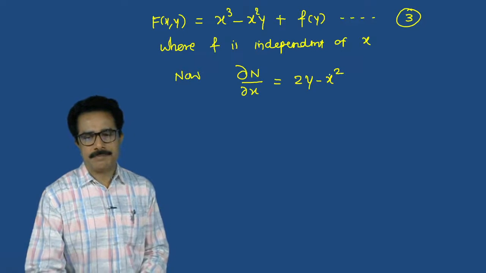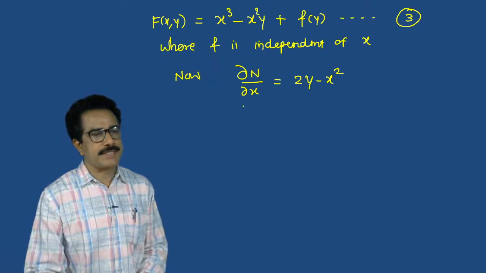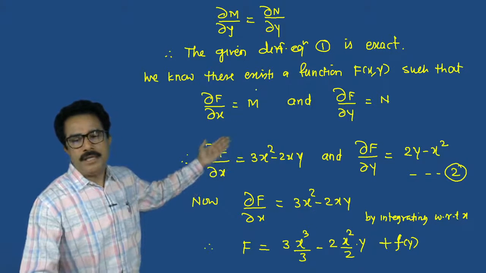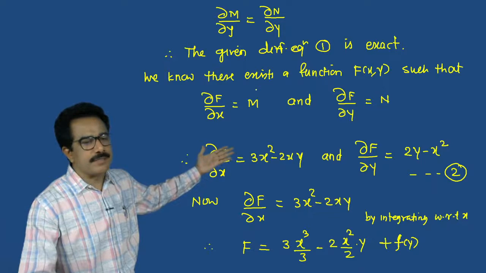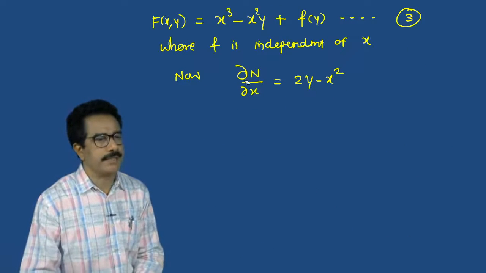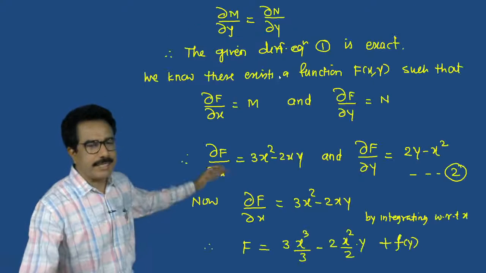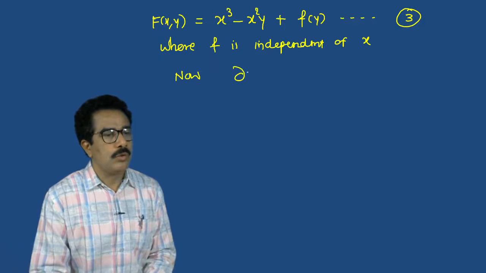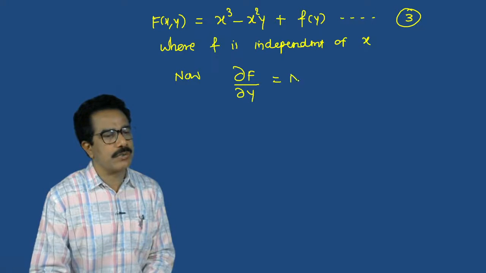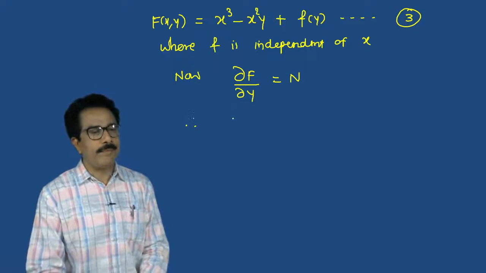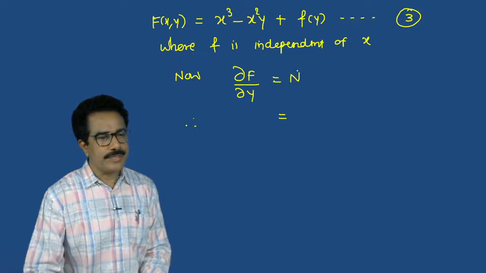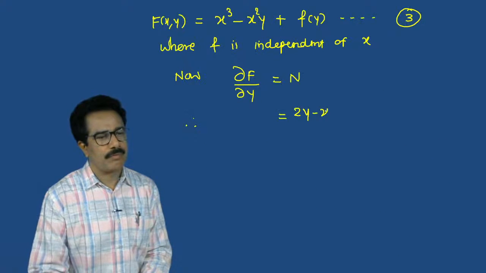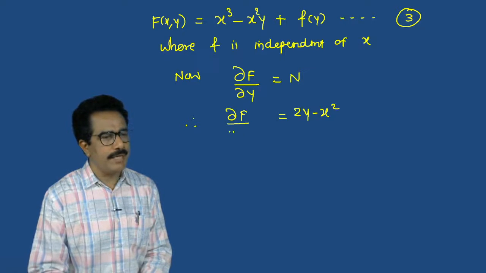One minute, look at the second equation: ∂F/∂y equals N. N is given, actually N means 2y minus x square, which is ∂F/∂y.